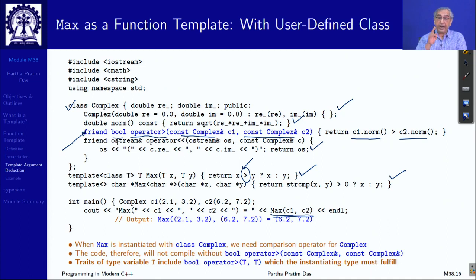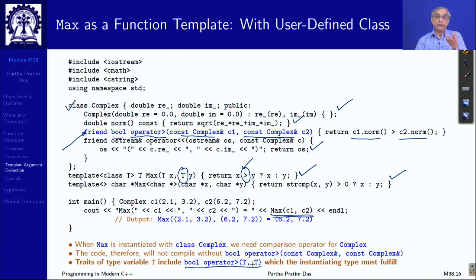So, remember I had mentioned that this type T has a trait, its trait is it will have an operator greater than available, which takes 2 values of this type T and returns a boolean.